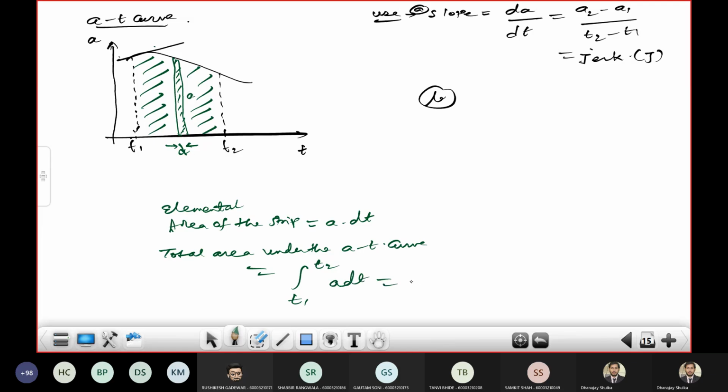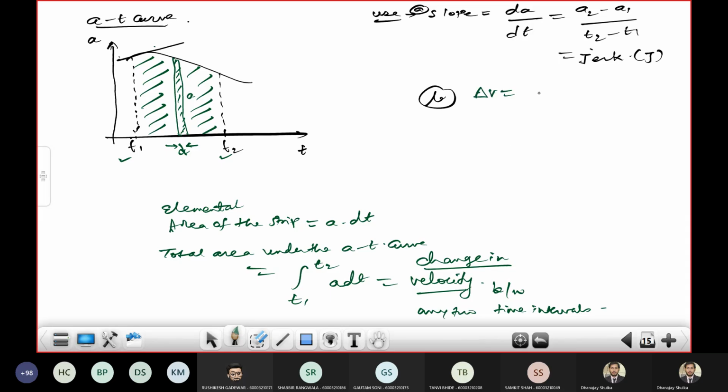And what is this? This is nothing but the velocity, or change in velocity, which is correct. This will give you the change in velocity, because it is between two time intervals. So here you can write delta V is equal to area under the AT curve.